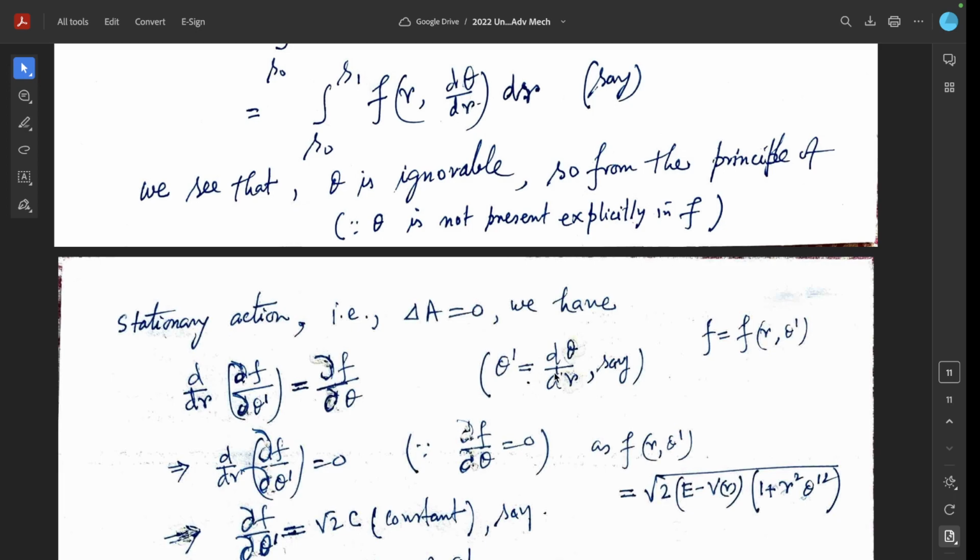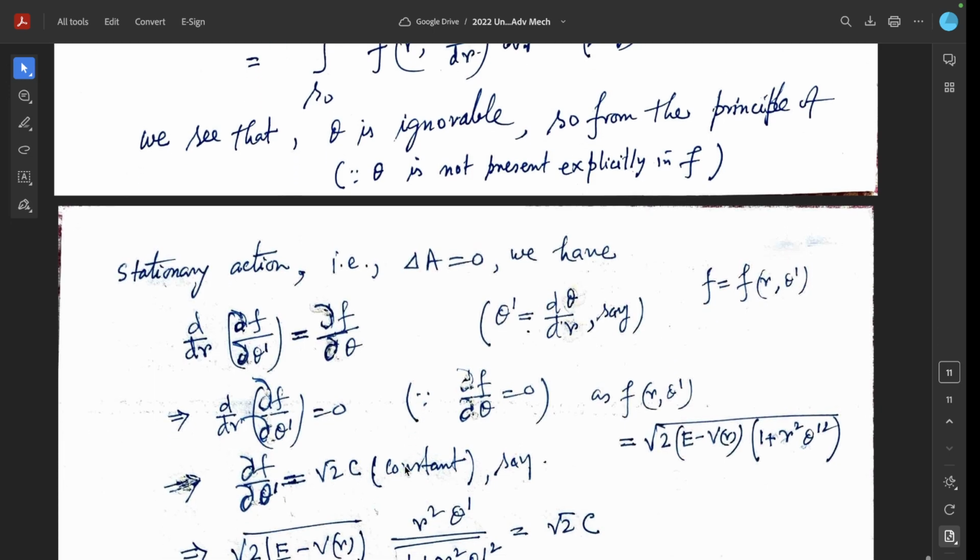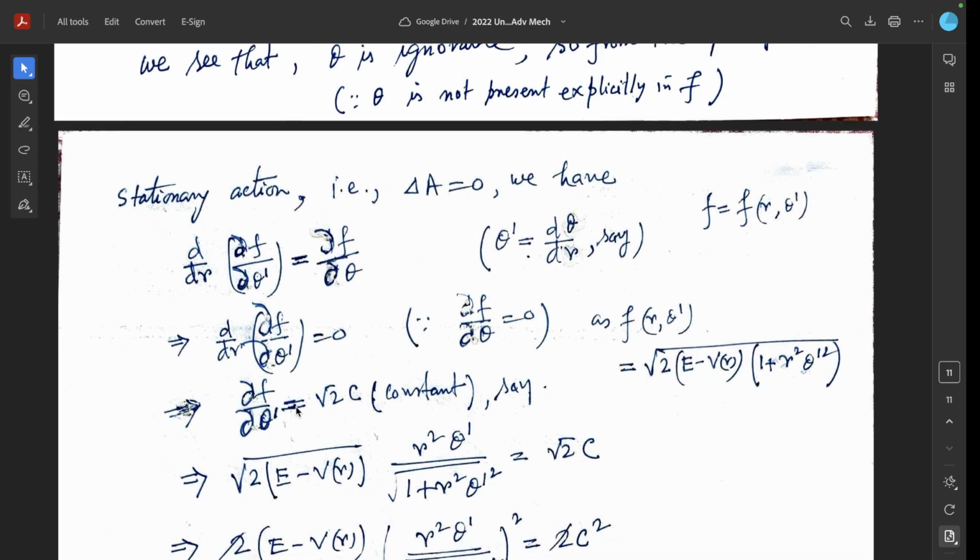Here f is a function of r and theta dash. So d/dr of the partial derivative of f with respect to theta dash is equal to 0, because the partial derivative with respect to theta is equal to 0, as f(r, theta dash) is independent of theta. So the partial derivative of f with respect to theta dash equal to root 2 c, a constant, say.